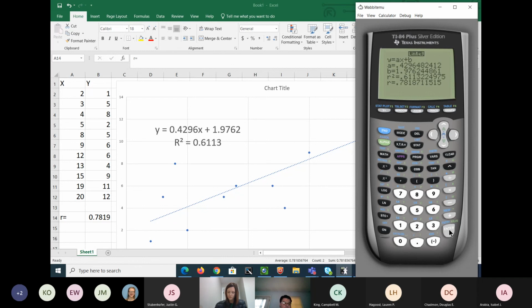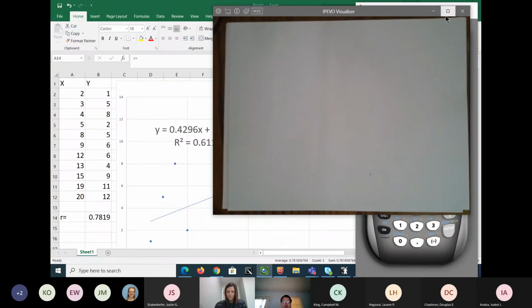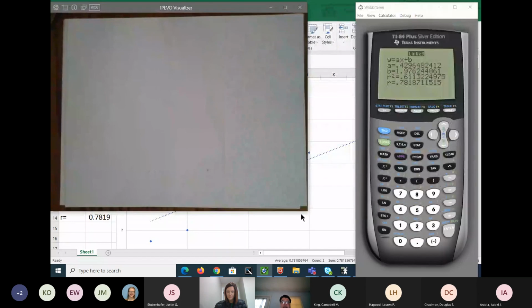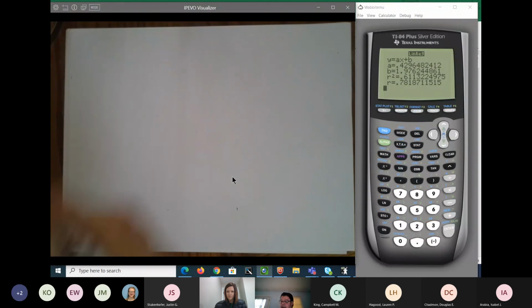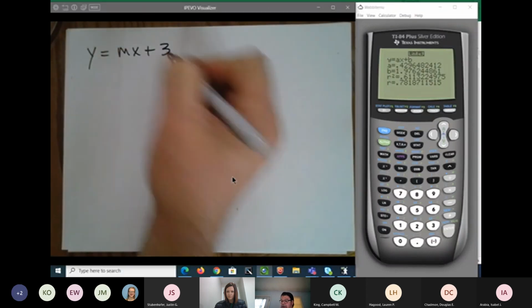Now, I do not use y is equal to ax plus b. For 3 years, y'all have learned y is equal to mx plus b. And then you get to this stupid 103 book, and it changes the m that you learned for 3 years. They change it to a. So I'm going to ignore this book, and we're going to call it y is equal to mx plus b, like you've been learning for the last 3 years.